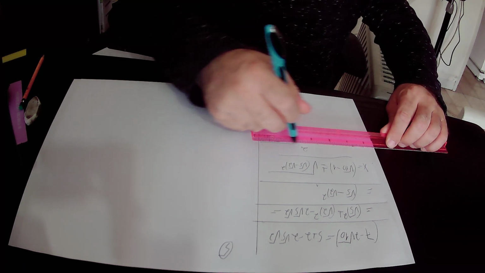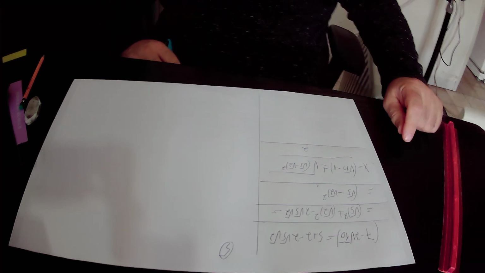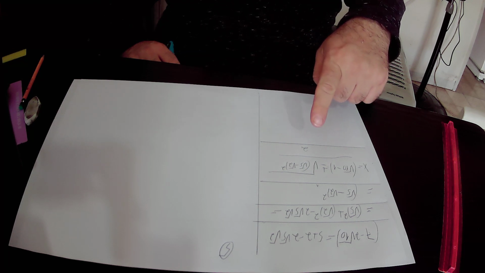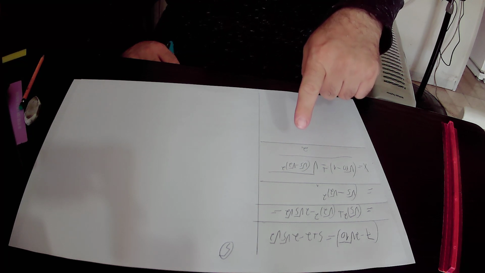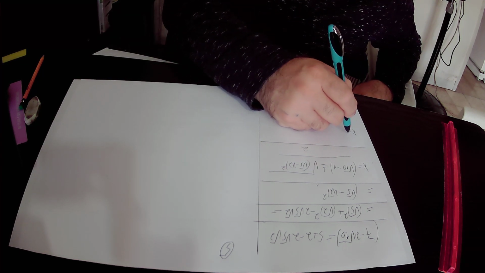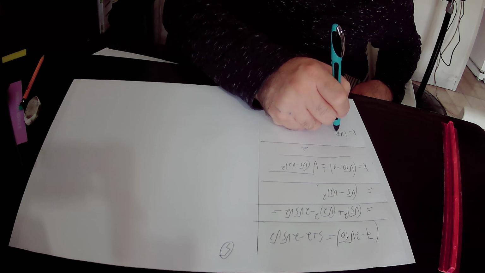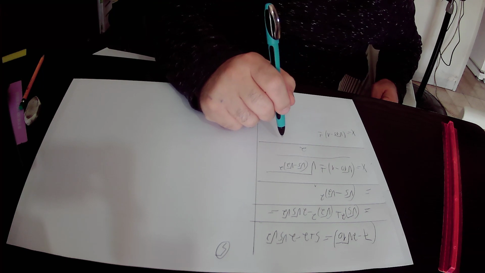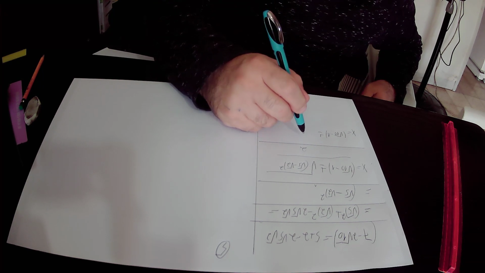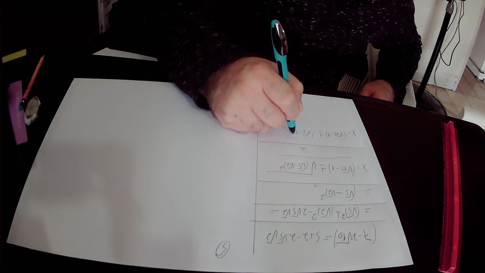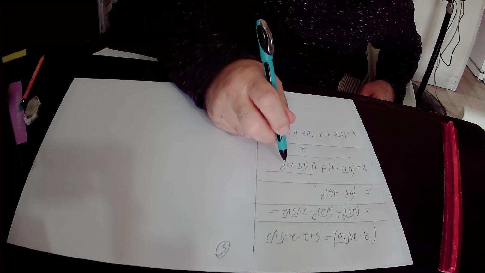So here we have root and square. The square cancels the root, and we are left only with square root of 5 minus square root of 2. So I write it down. We get that x equals square root of 10 minus 1 plus minus, and here we will have square root of 5 minus square root of 2, because the root and the square cancel each other.